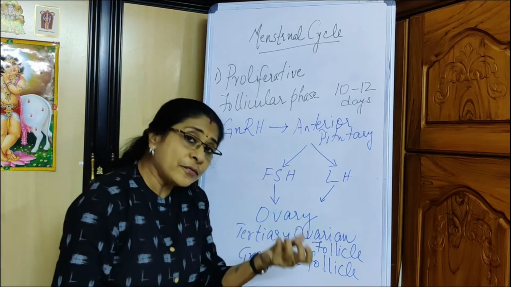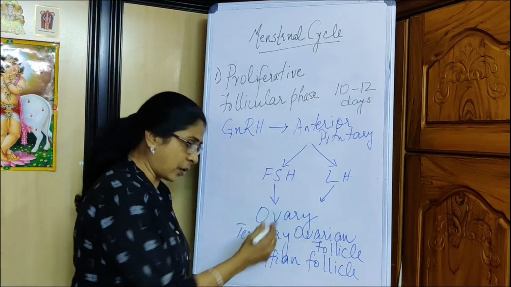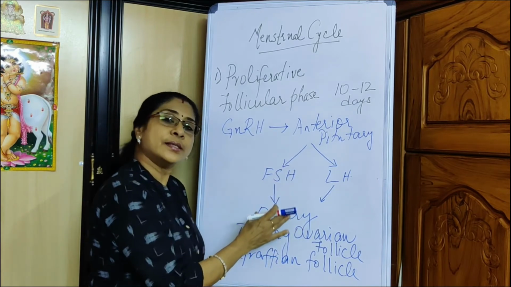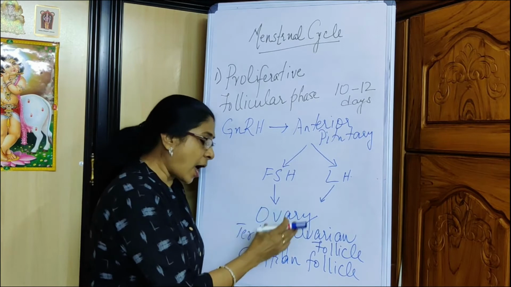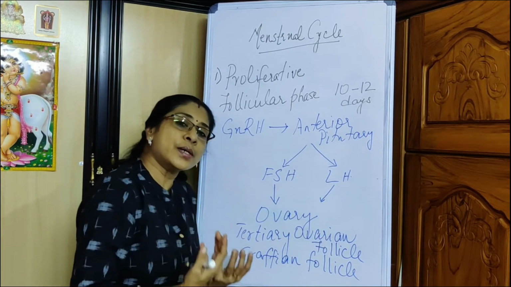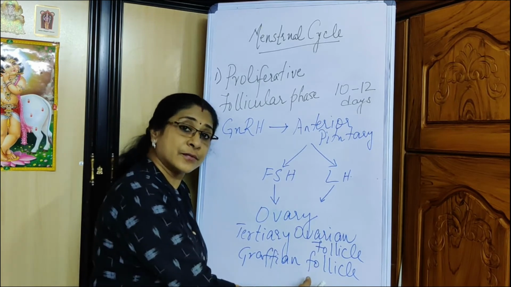Now, one of these tertiary ovarian follicles within the ovary is influenced by the FSH, and that tertiary ovarian follicle now matures itself into a Graafian follicle.